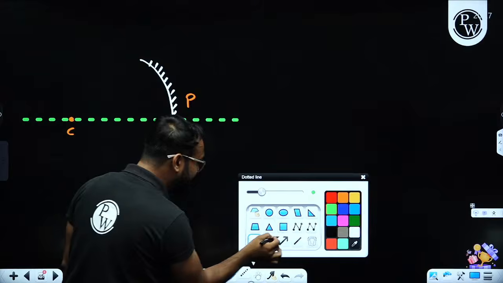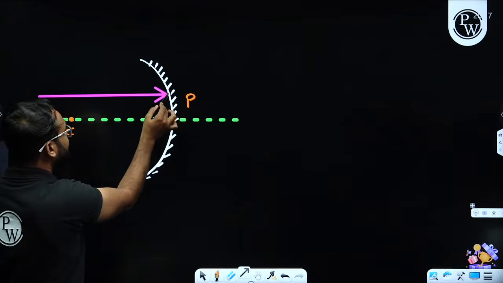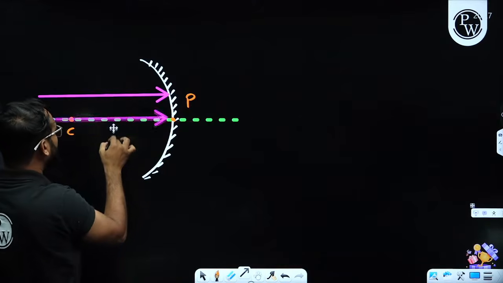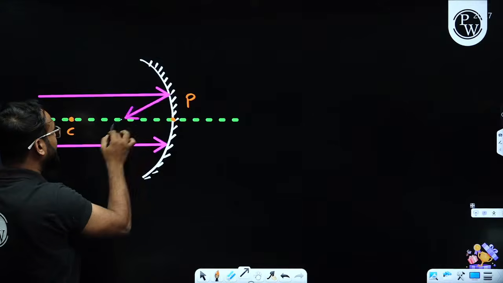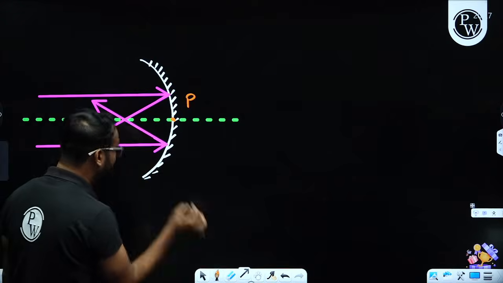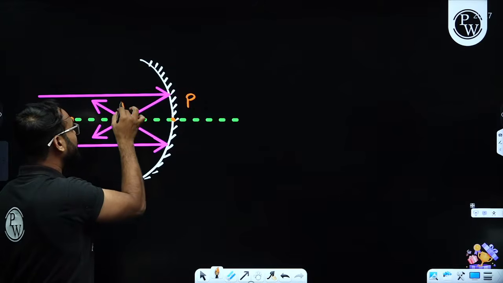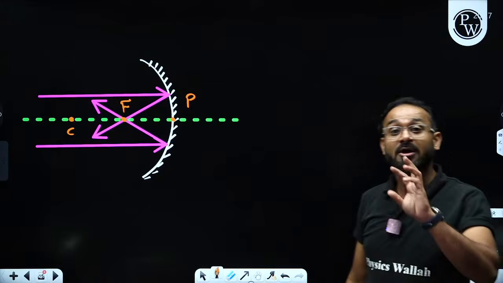If the rays of light come parallel to the principal axis, there are two parallel lines, and after striking the surface, they will meet at a point on the principal axis. Here it is. That is called focus. Clear?